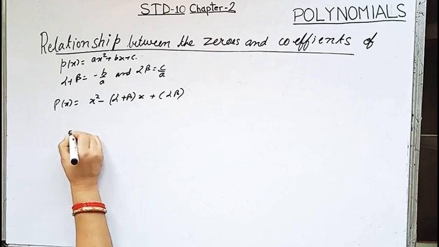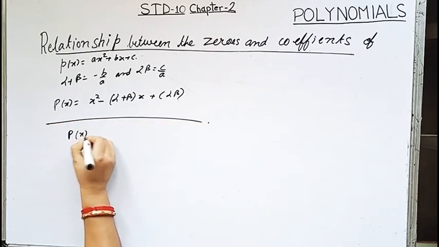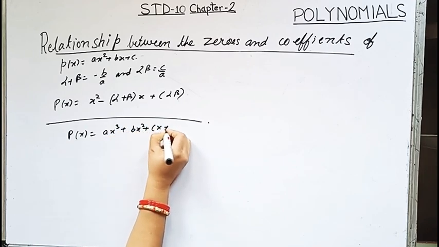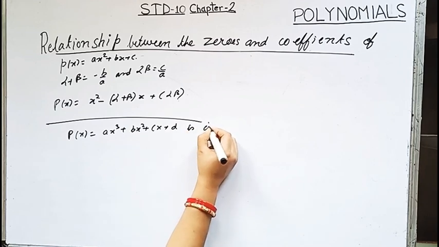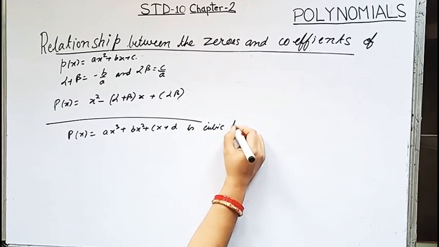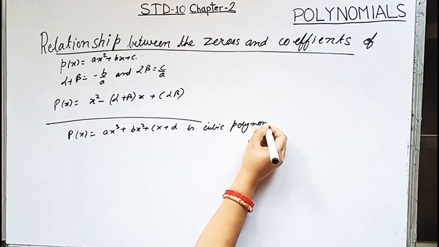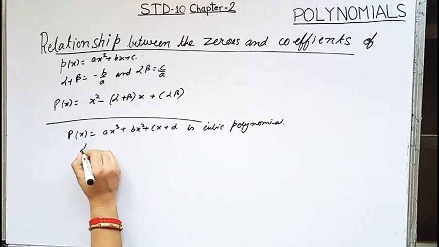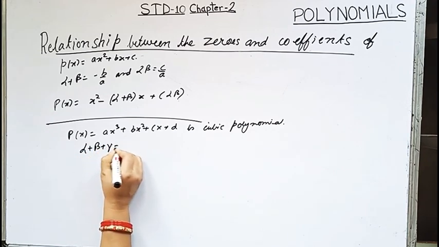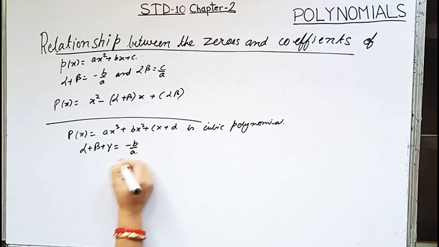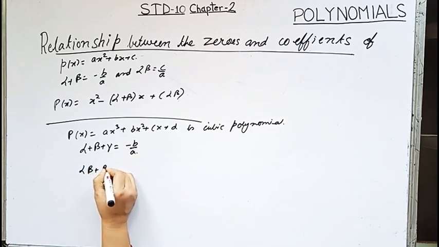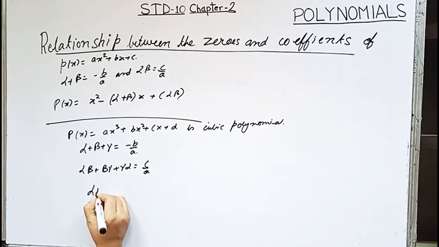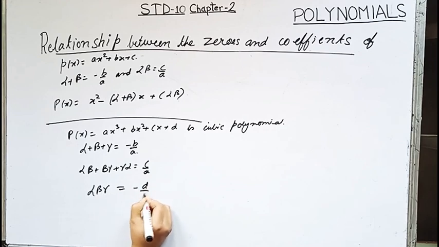Similarly, if p(x) = ax^3 + bx^2 + cx + d is a cubic polynomial, and alpha, beta and gamma are its zeros, then right now we have derived alpha + beta + gamma is minus b by a, alpha beta + beta gamma + gamma alpha is c by a, and the product of the zeros is minus d by a.